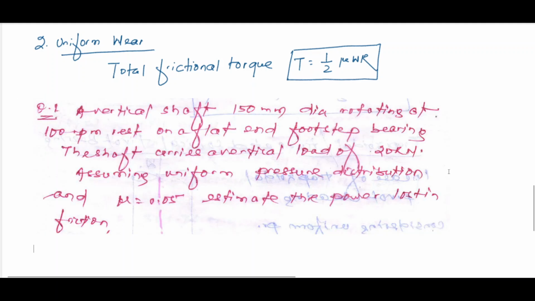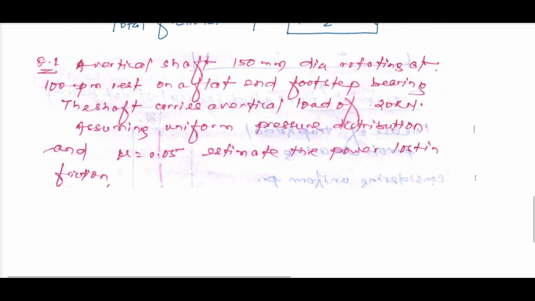So this is the question. A vertical shaft of 150 mm diameter, rotating at 100 rpm, rests on a flat end footstep bearing. The shaft carries a vertical load of 20 kilonewton. So W is given. Assuming uniform pressure distribution and a coefficient of friction of 0.05, estimate the power lost in friction. You can easily calculate this.